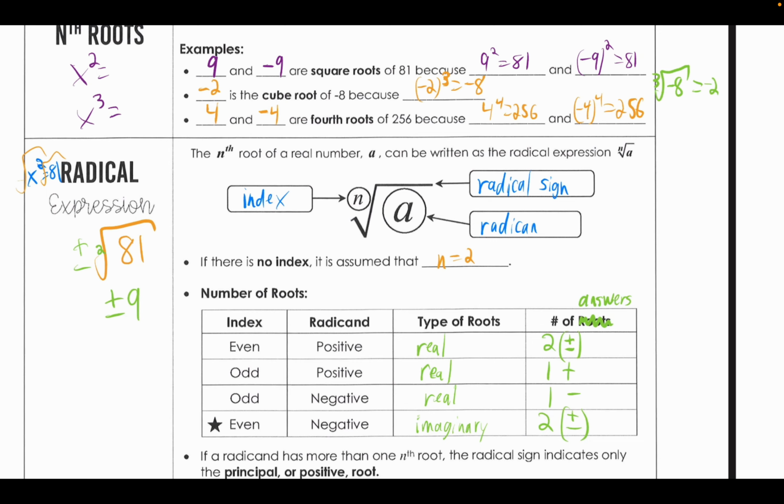But anyway, an even index or even root, like a square root or an index of 2, would lead to 2 answers all the time, both positive and negative. Whereas an odd index or an odd root, such as a cube root or an index of 3, will always lead you to one answer that is the same sign as what you started with. So the cube root of a positive is a positive. The cube root of a negative is a negative. Because once again, as you cube a positive, you get a positive. As you cube a negative, you get a negative.